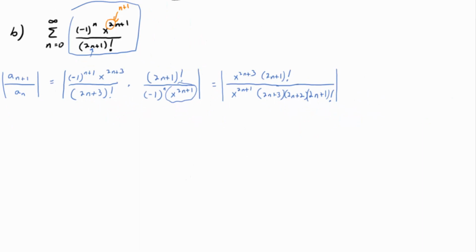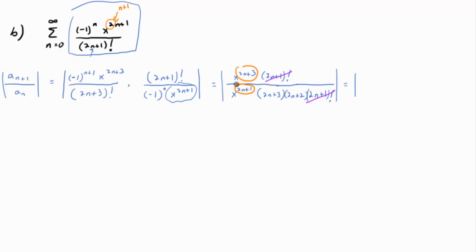All right, let's simplify. So what do we get? Oh, this guy divides with this guy. And then what is x to the 2n plus 1 into x to the 2n plus 3? What's left? So what's the rule? You take this exponent, keep the base, subtract this exponent from this exponent. The 2n's go away. 2n plus 3 minus the quantity 2n plus 1.